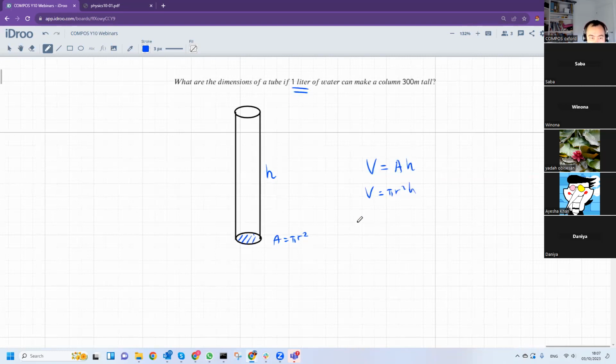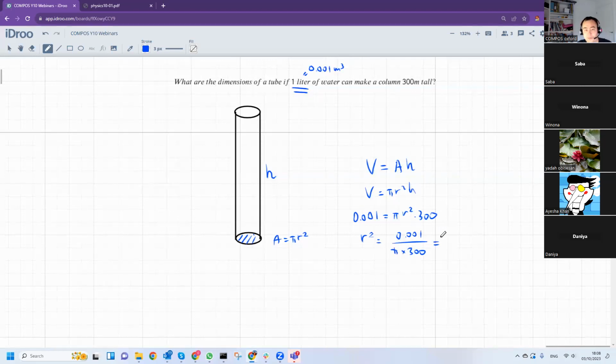So 1 liter is 0.001 cubic meters. That's 0.001 cubic meters equals pi r squared multiplied by H, which is 300 meters. So r squared is 0.001 divided by pi multiplied by 300.